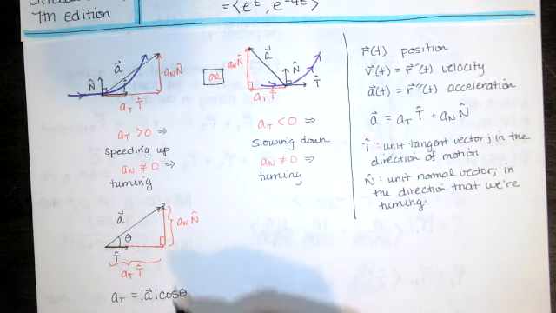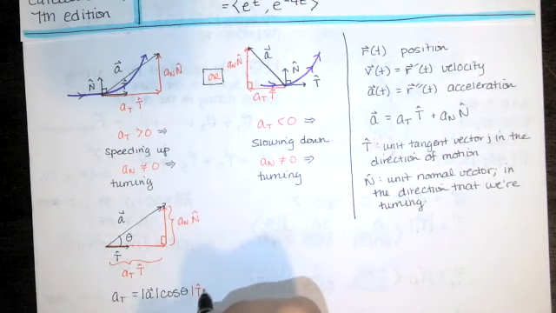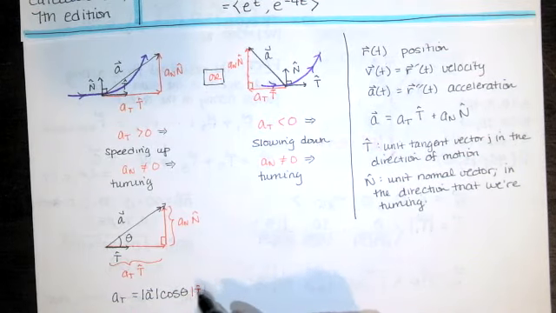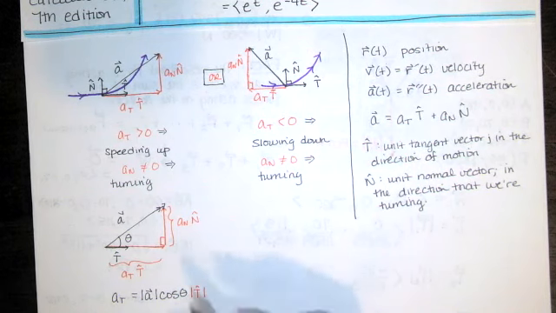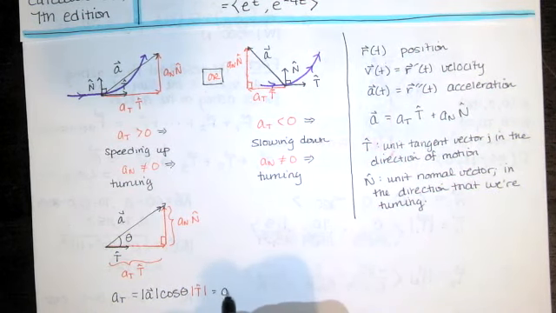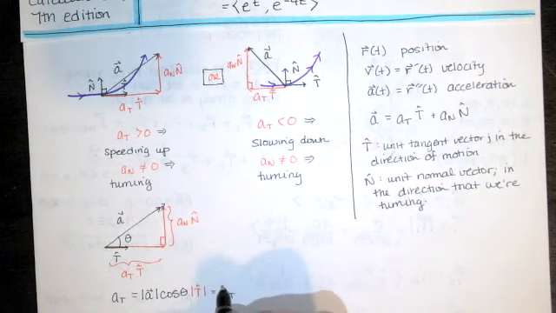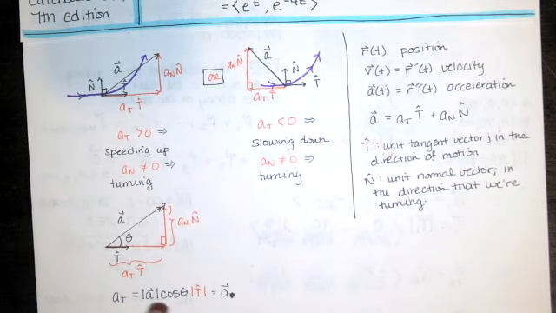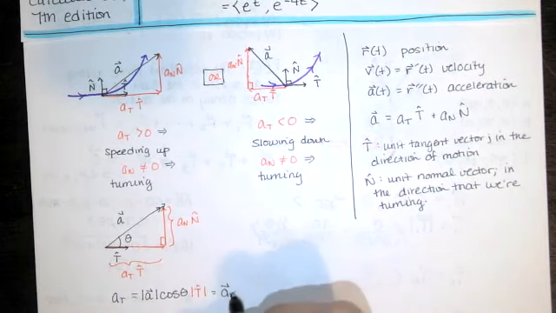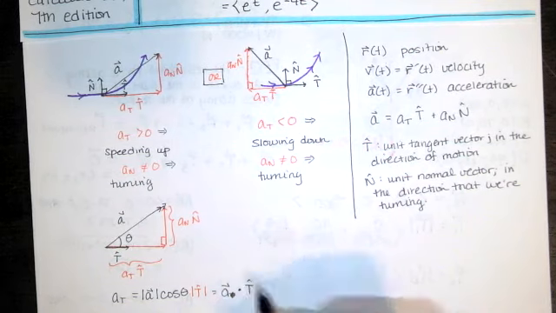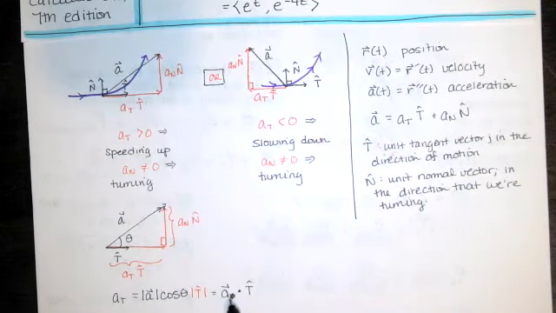So if we want to, we could multiply this by the magnitude of t hat, which remember is just 1 because it's a unit vector. Every unit vector has a length of 1. And so that gives us a sub t is equal to this formula, and that formula is the dot product of the acceleration vector and the unit tangent vector.